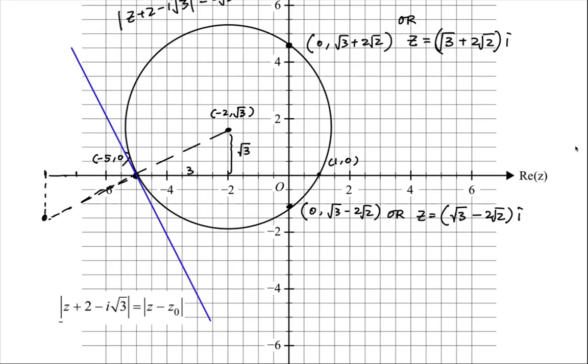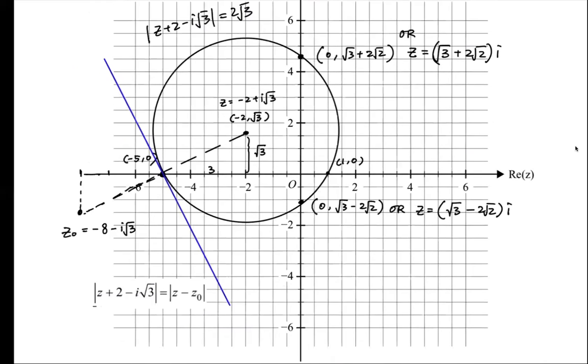Congruent triangles, okay? So this length should equal this length, and this length is equal to this length, okay? So basically, this is z equals minus 2 plus i root 3. This should be z0 equals minus 8 minus i root 3, okay? So this is my z0.